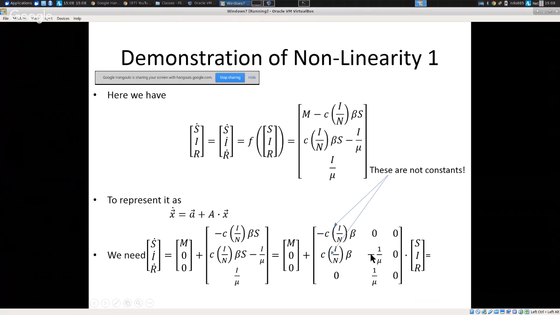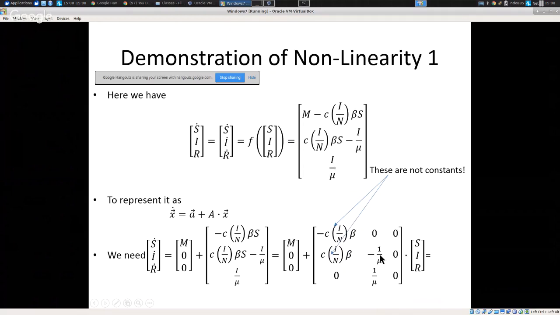And then I have minus 1 over mu times I and 0 times R. And then down here in the lowest row, I only have the term times I. And so I have 1 over mu in the lowest row down at the bottom here. Okay. So I've rewritten this in this matrix form.